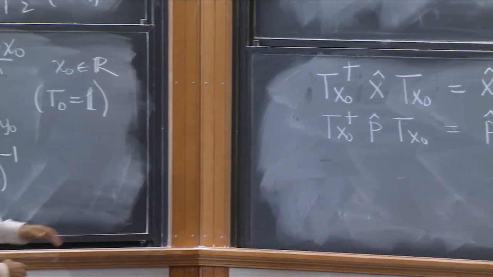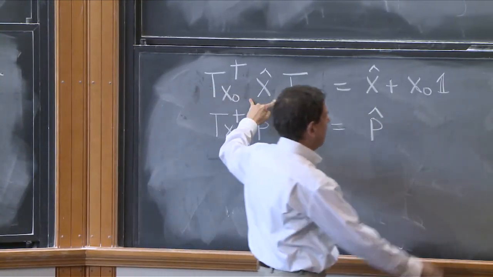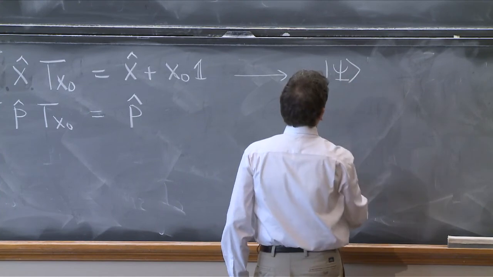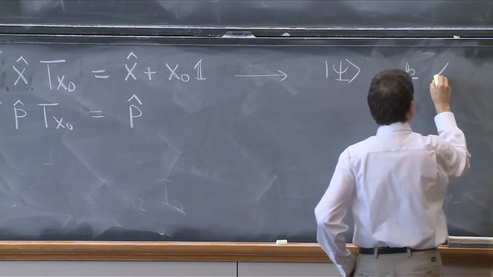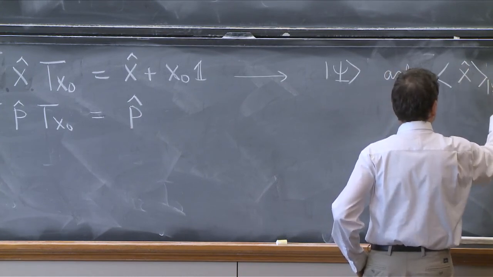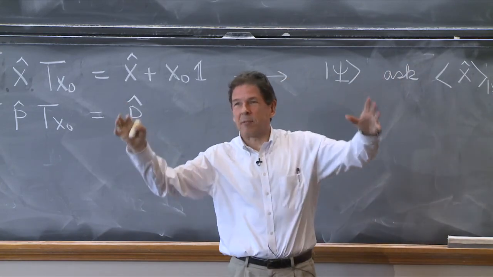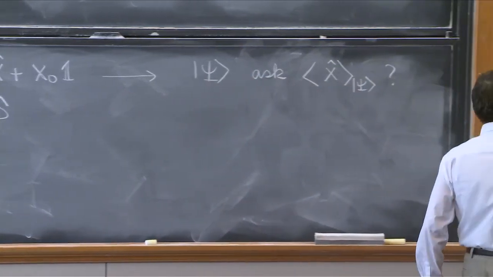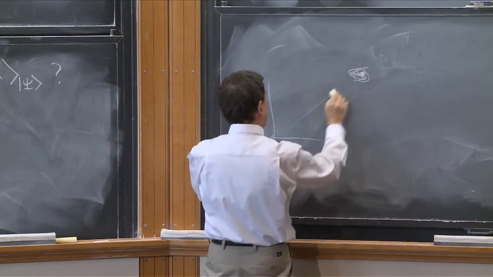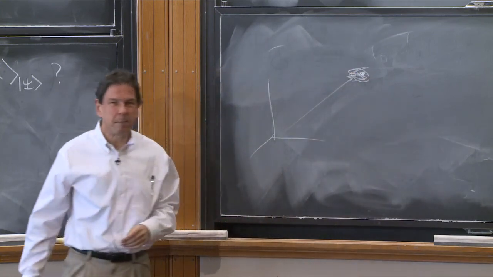So why is this reasonable? It's because of the following situation. If you have a state psi, you can ask, for example, what is the expectation value of x in the state psi? And if this state represents a particle that is sitting somewhere here, roughly, the expectation value of x is basically that vector that tells you where the particle is.